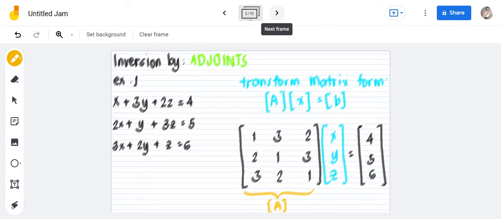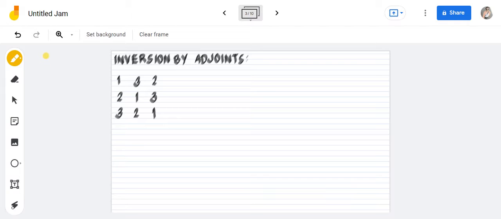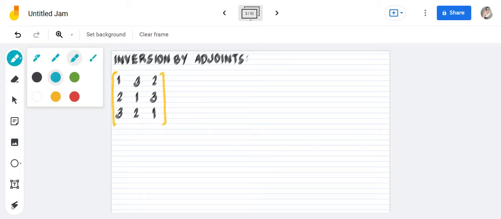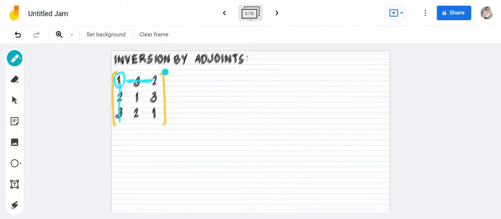So by adjoints, what we're going to consider first is this matrix A. Given matrix A, for adjoints we first have to determine our cofactors. We start off with our first element, A11.